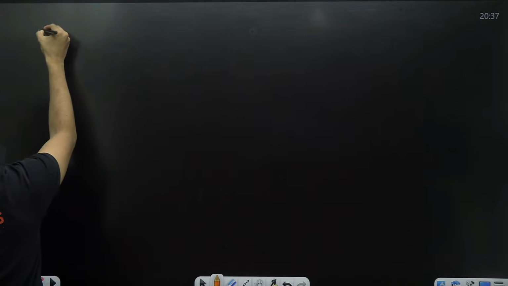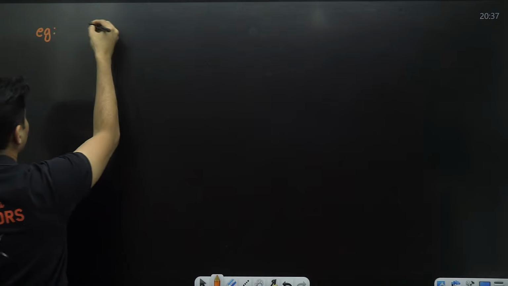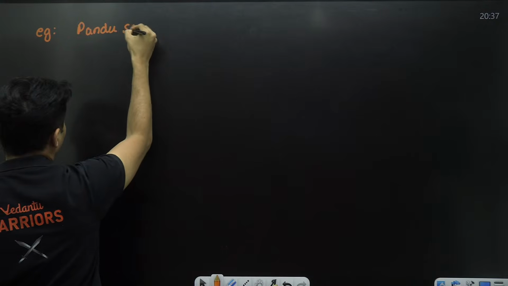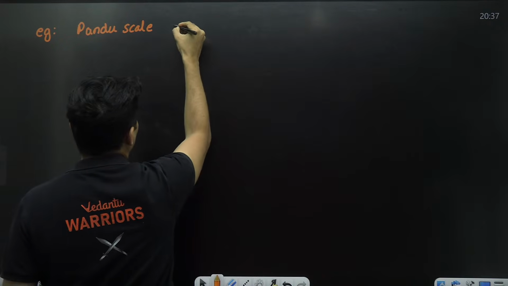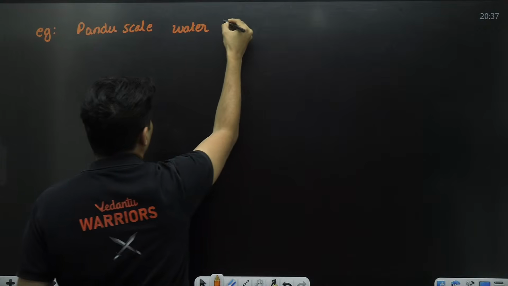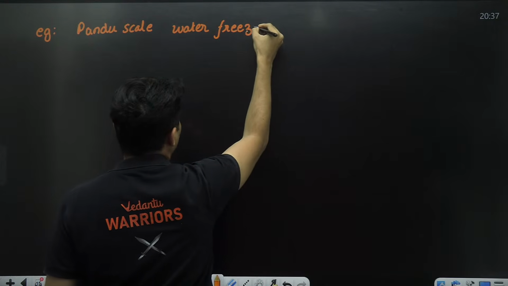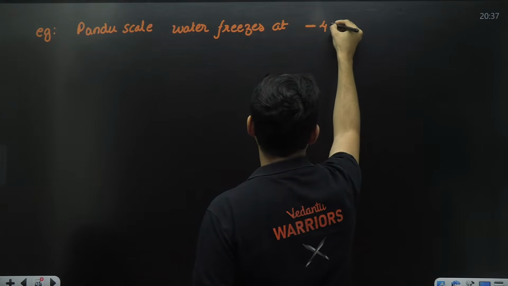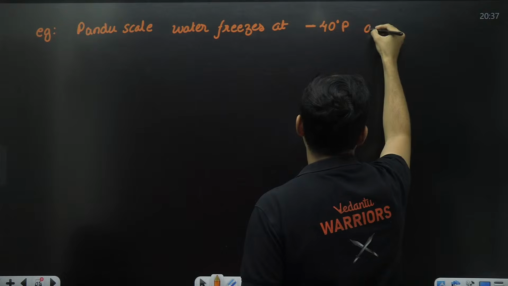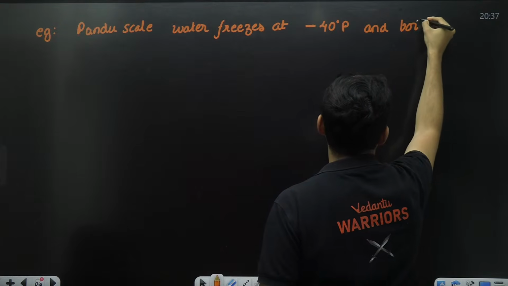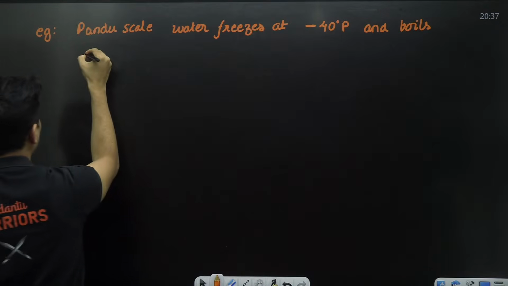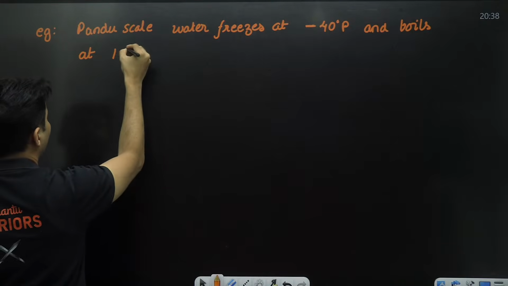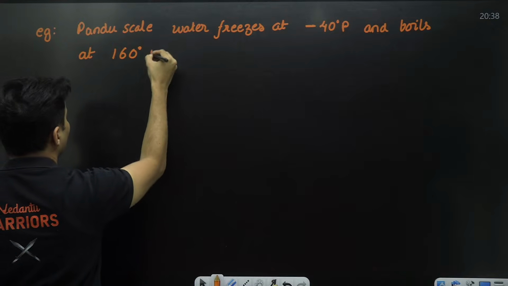If it is told, for example, in a Pandu scale, the water freezes at, let's say, minus 40 degree Pandu, and it boils at, let's say, maybe 160 degree Pandu.